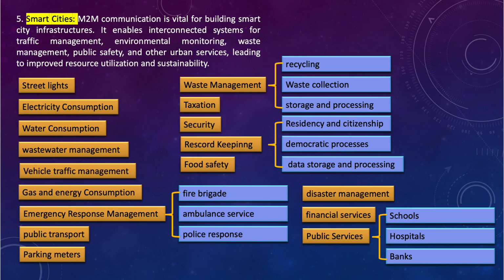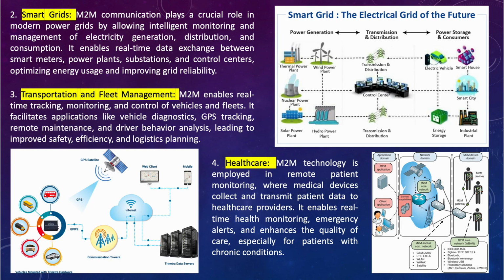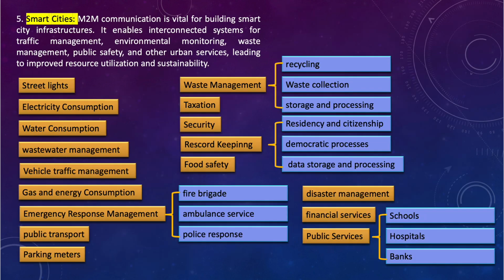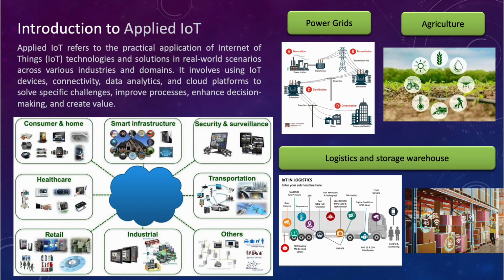And we will look at industrial automation, smart grids, transportation, healthcare. We will go through the examples again, and we will talk about machine to machine and IoT. What are the differences? What are the similarities?